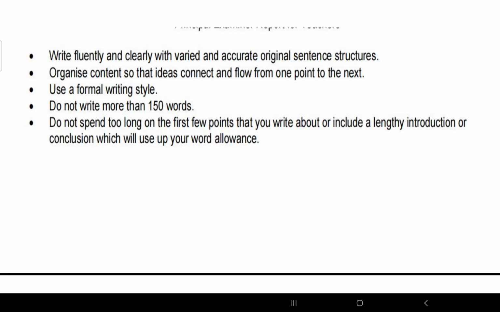Now, this is also from writing. Write fluently, clearly, and with varied and accurate original sentence structures. Organize content so that ideas connect and flow from one point to the next. Fluency and flow must be there. Use a formal style.